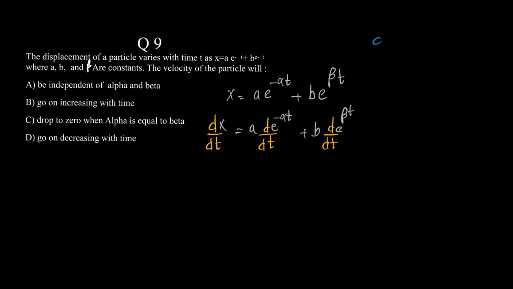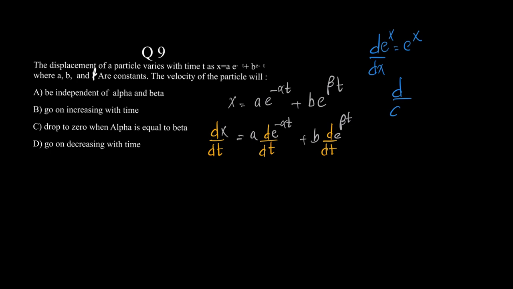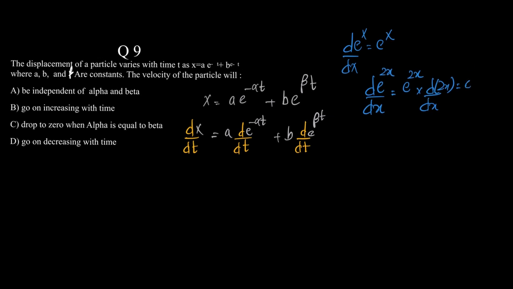Now let me also write down the derivative of e raised to x. See, d by dx of e raised to x is equal to e raised to x. It's very simple. Now, what is d by dx of e raised to 2x? It is equal to e raised to 2x into d by dx of 2x, which is e raised to 2x into 2, or 2 e raised to 2x. Similarly, what is d by dx of e raised to 3x?